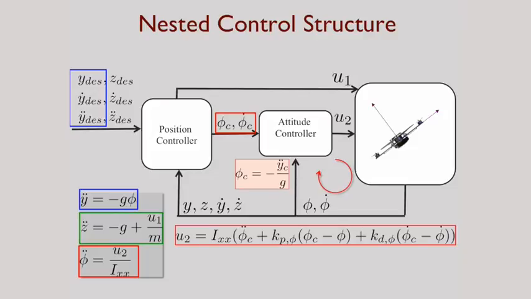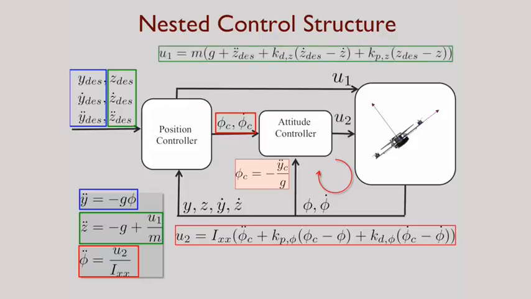Finally, the z component tells me how to calculate u1. I take the middle equation, I take the desired trajectory, looking specifically at the z component, and I can write u1 such that the z component tracks the desired z value. So I've now obtained two equations, one for u1 and one for u2.